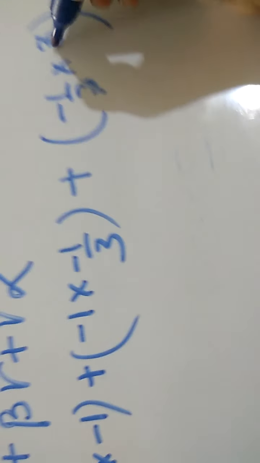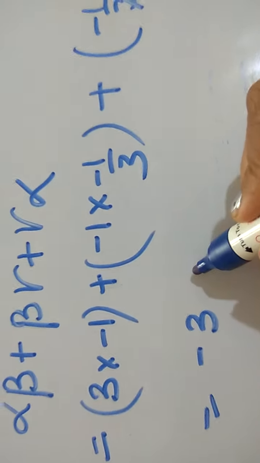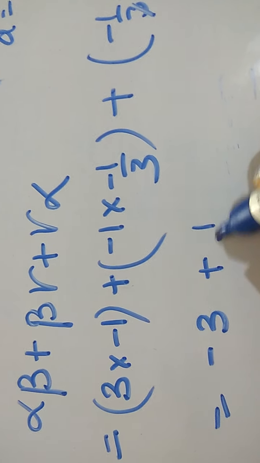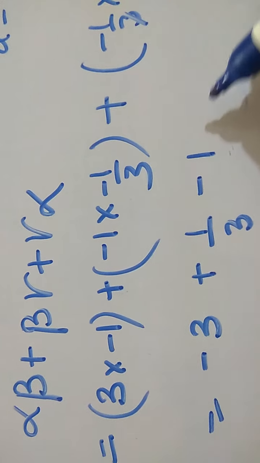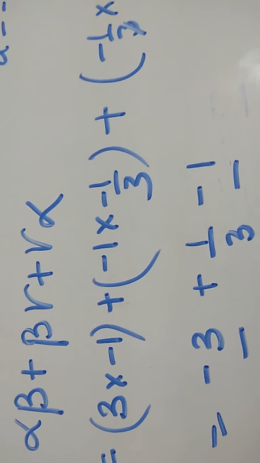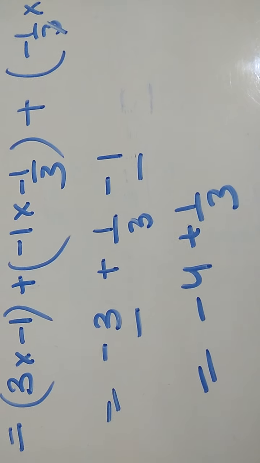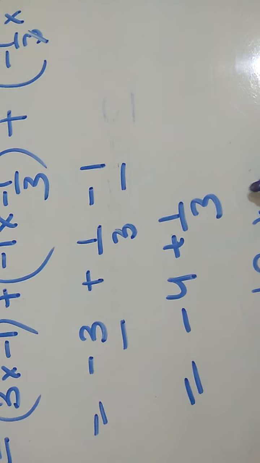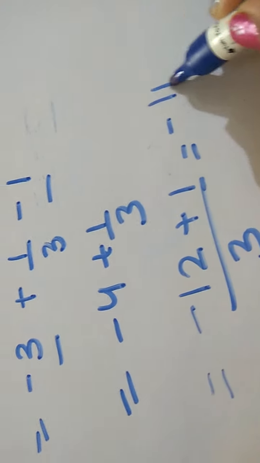So here this 3 gets cancelled. This will be minus 3 plus 1 upon 3 and minus 1. So this becomes minus 3 and minus 1, minus 4 plus 1 upon 3. After solving it, we will get minus 12 plus 1 upon 3, which is equal to minus 11 upon 3.